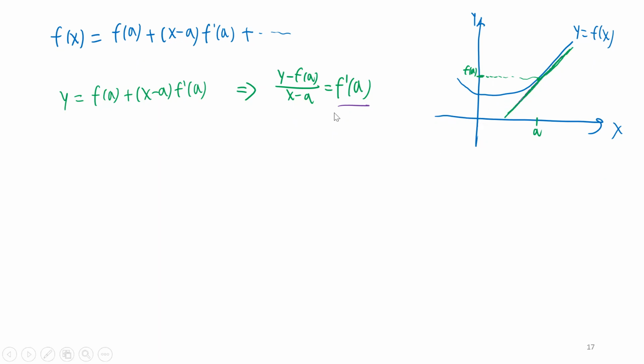Now you can ask, how close is my line to the original function? Exactly at this point, the two curves touch each other. But as you go further and further away, the vertical distance between the blue and the green line gets larger and larger.